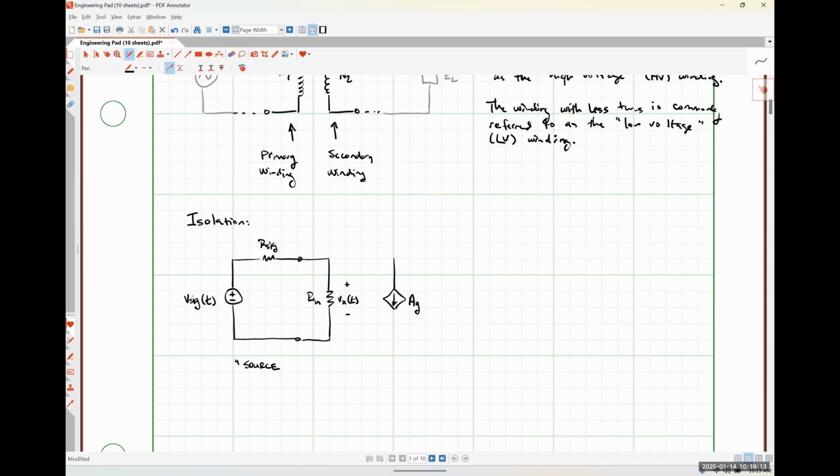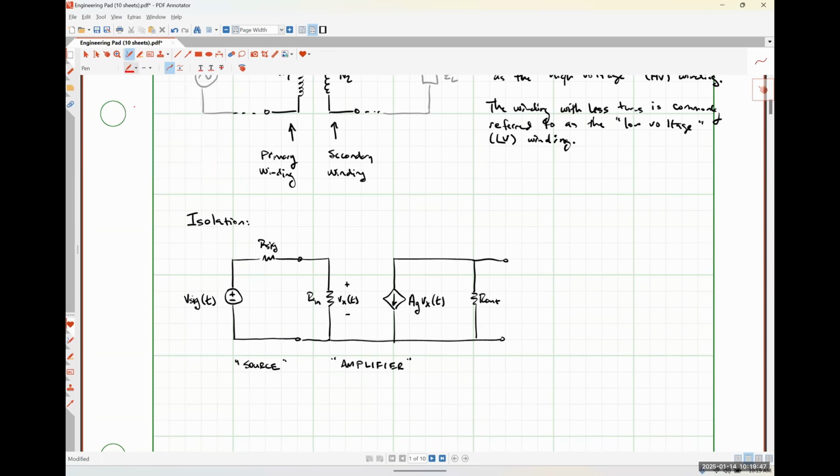So this is some current gain factor multiplied by our input voltage Vx. Here is our output resistance. So everything between this set of terminals is a simplified representation of an amplifier circuit.